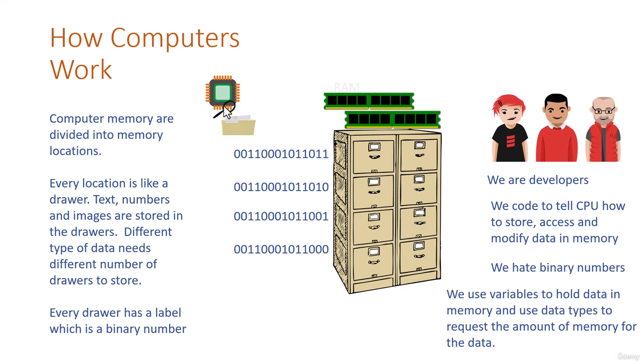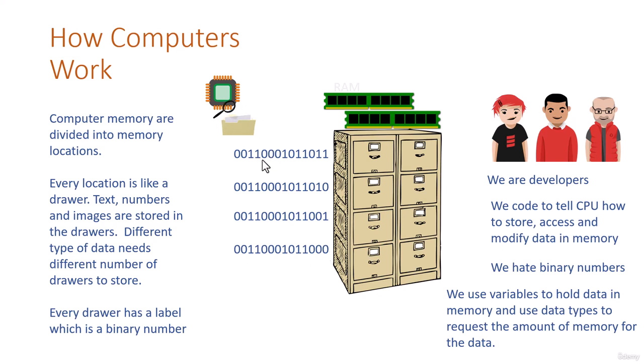Since our CPU is responsible for accessing and processing the data stored in our computer memory, it needs to be able to locate the data. Every drawer, every memory location, has a label, which is a binary number. Basically, it is a sequence of 0s and 1s.